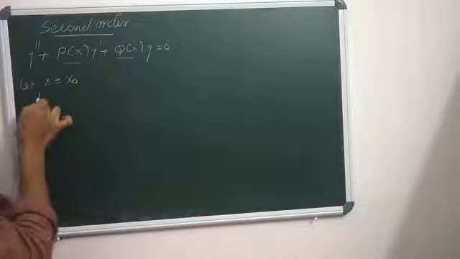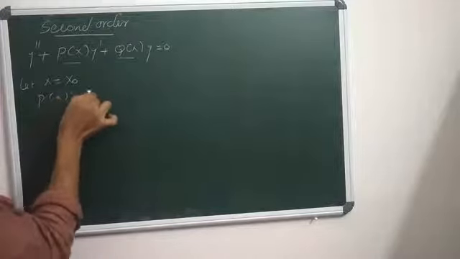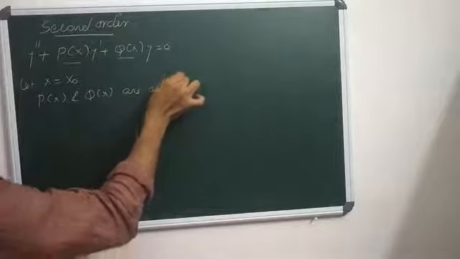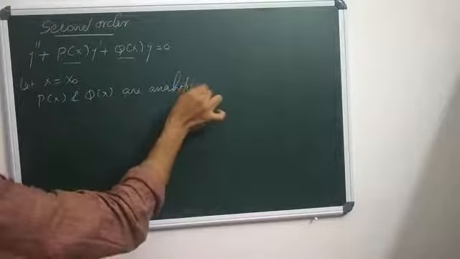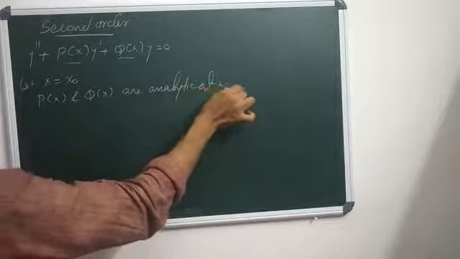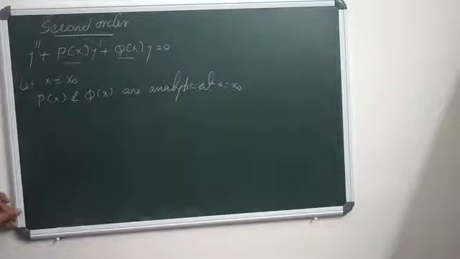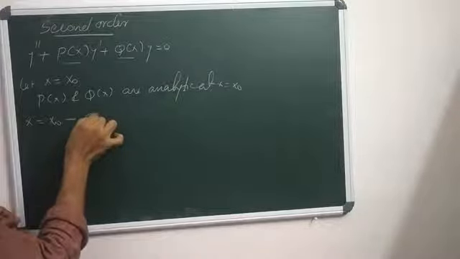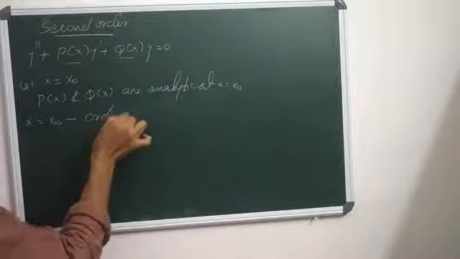If both p of x and q of x are analytic at x equals x naught, then this x equals x naught is said to be an ordinary point.